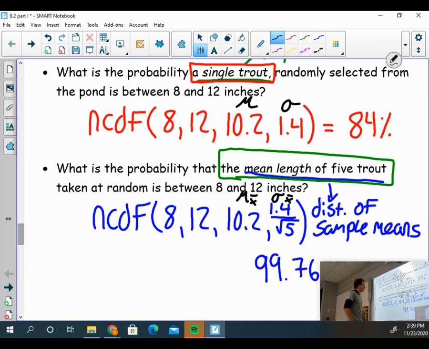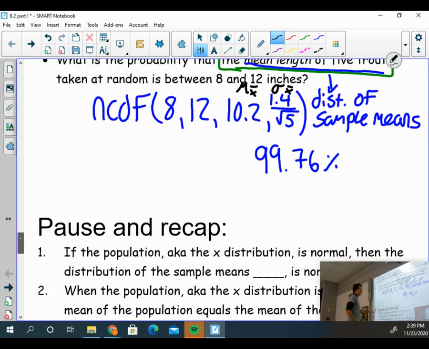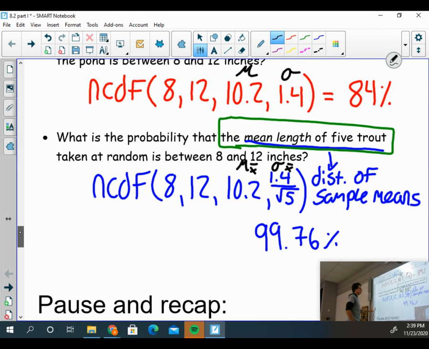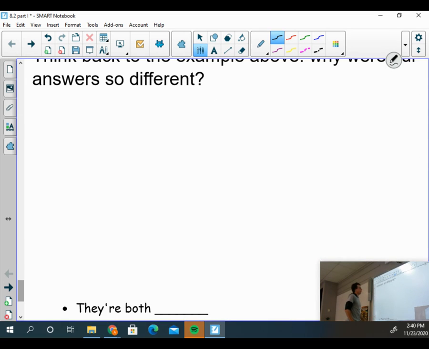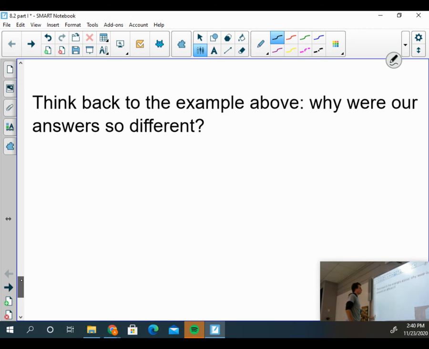Okay. So the final point for this first part is to analyze why were our answers different? Why, when I took a single trout out of the pond, did I end up with an 84% probability?